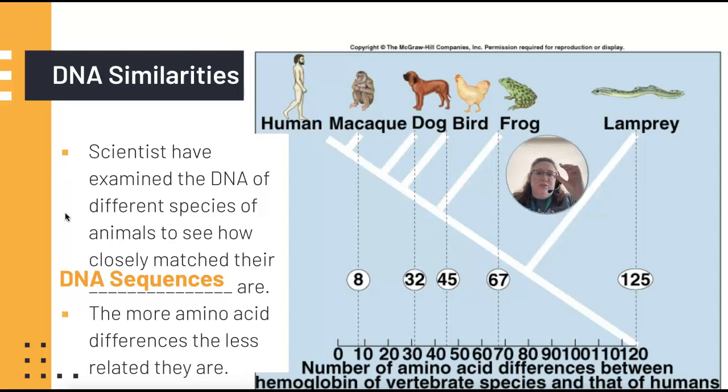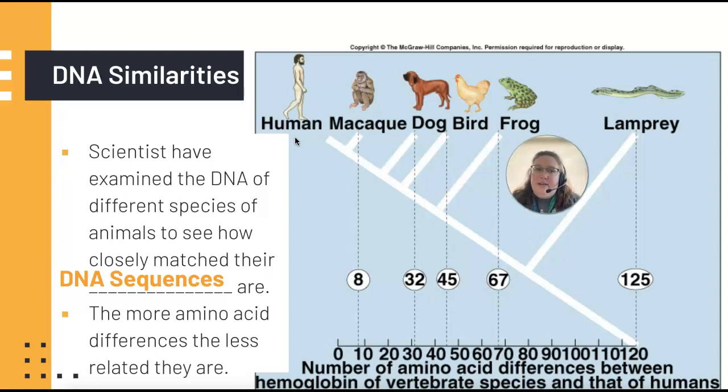So the closer their DNA strands, the more related they are, is the idea. And so, the number of amino acid differences between hemoglobin of vertebrate species and that of humans: notice there's 125 differences between a lamprey and a person. That means we are not much related to them.